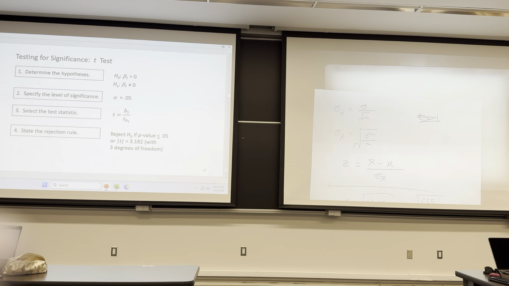So hypothesis testing, the very first thing you do is state your hypothesis statement: H0, beta 1 equal to 0; H1, beta 1 not equal to 0. You specify the level of significance, which is 0.05. Select the test statistic, we are using T, which is sample slope divided by standard deviation of sample slope. Now, there are 3 degrees of freedom, and alpha is 0.05.